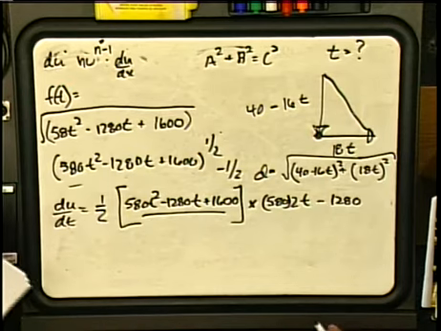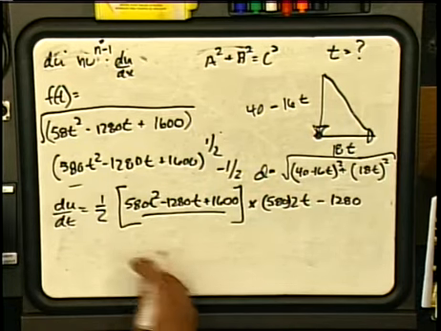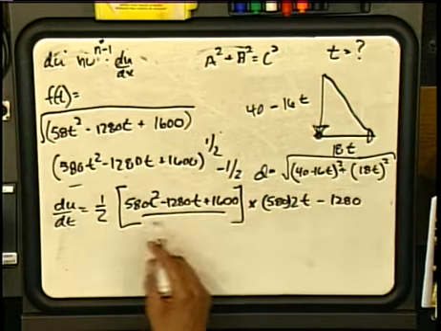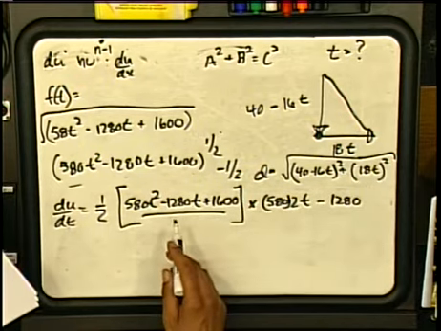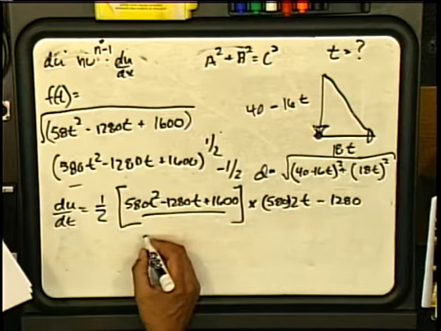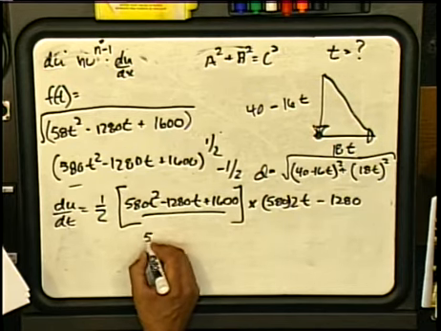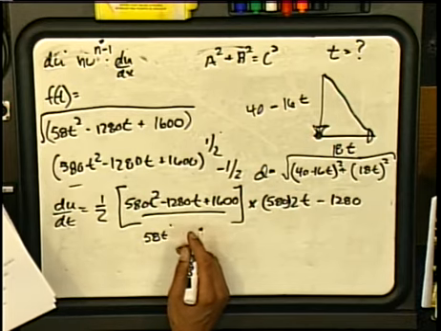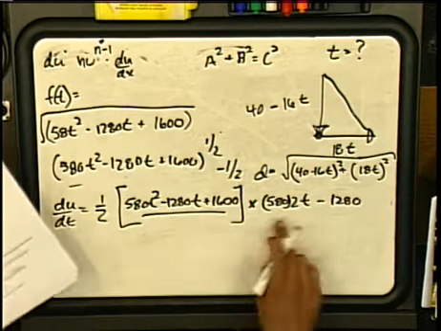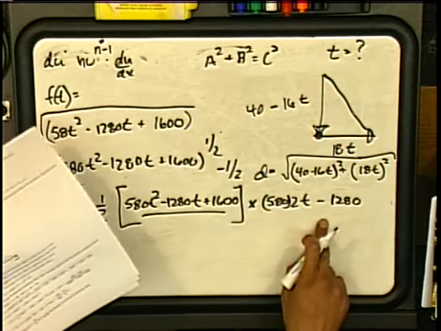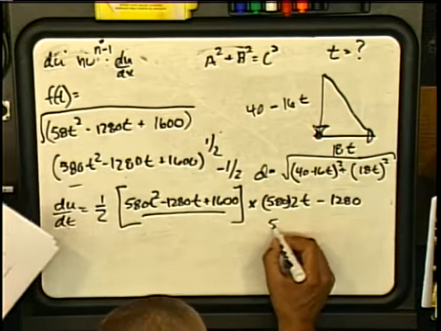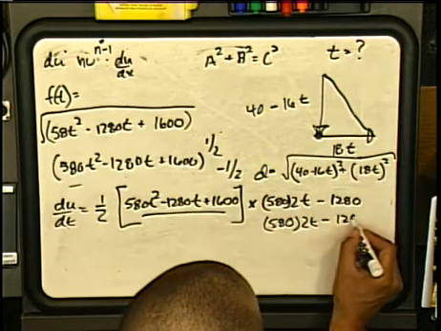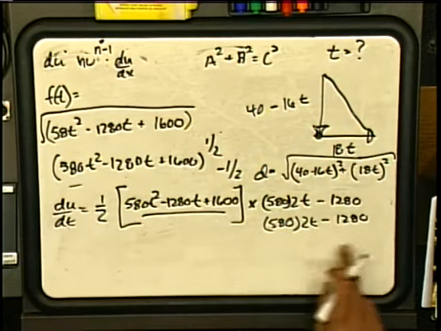Okay, he does this. He gets the derivative. He simplifies. That's the derivative. He simplifies this into 580t, because this 580t comes from over here, 580 minus 1280.